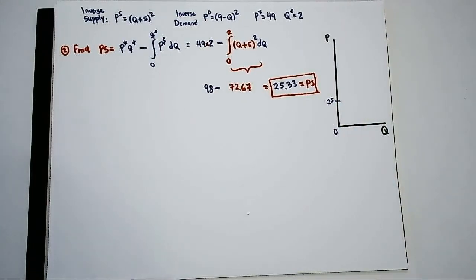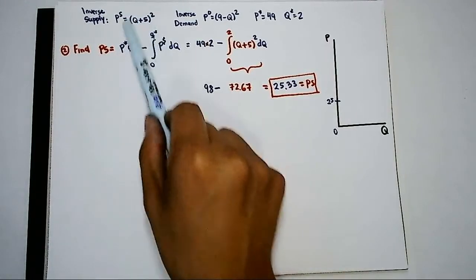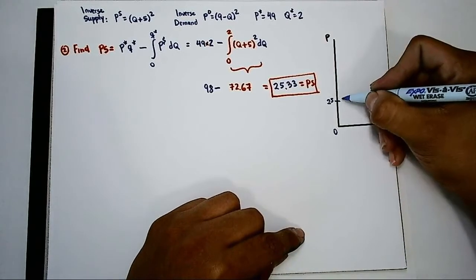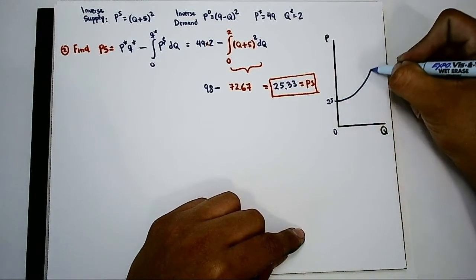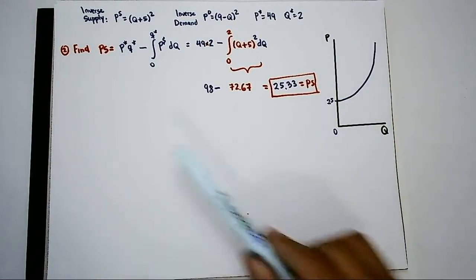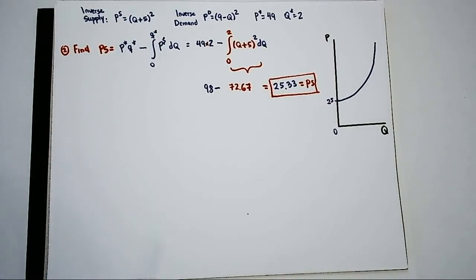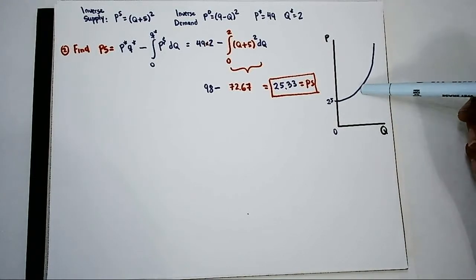Then, because this is a quadratic function, this will be a parabola, and you can see that it will be Q². Therefore, it will have this shape.